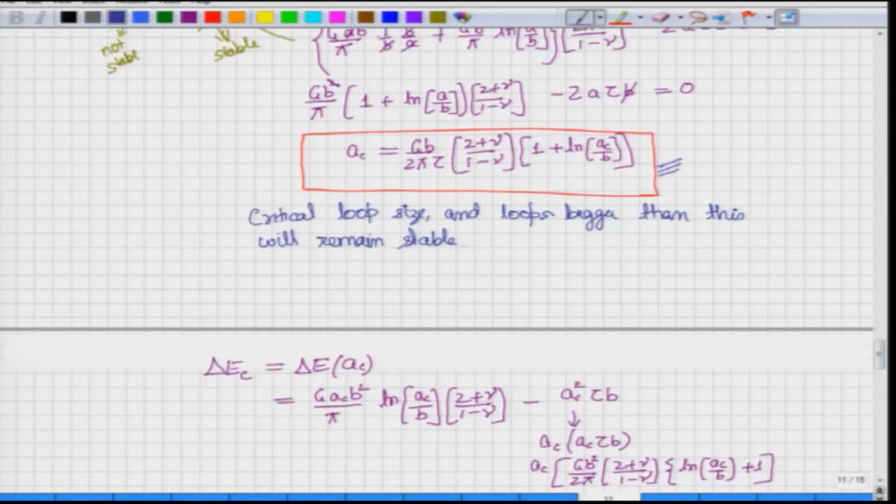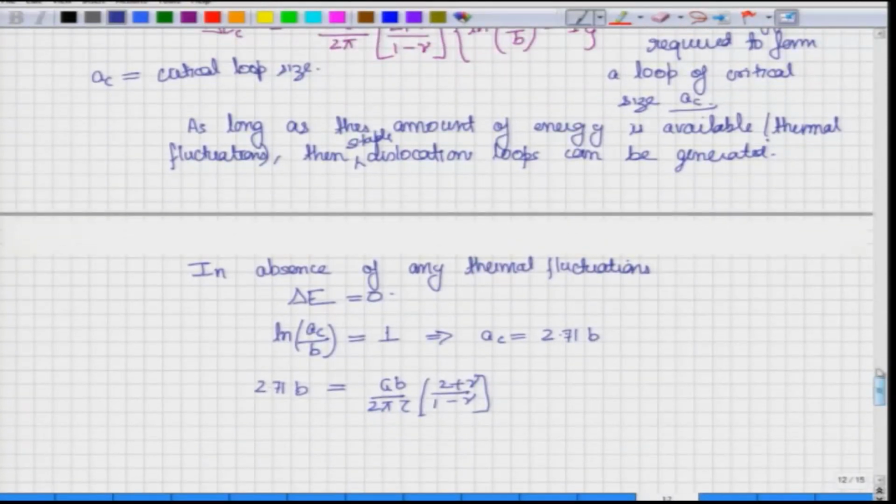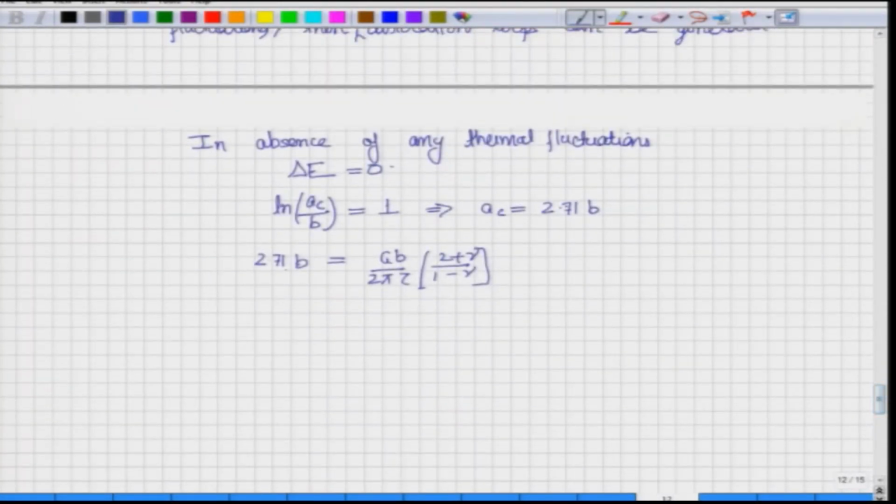On the left hand side AC we are using 2.71 B as we just obtained when we have no thermal fluctuation, meaning delta E is equal to 0. So, 2.71 B is equal to G B by 2 pi tau 2 plus nu, and over here we have ln AC by B, which is nothing but 1. So, this is 1 plus 1. So, this is equal to 2, and this 2 gets cancelled over here, and this Burgers vector gets cancelled over here.